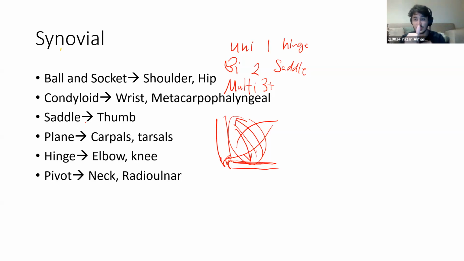So this is one axis and this is the other axis. Now multiaxial means you can move it in every single direction you can think of, and that's obviously in ball and socket. Okay, does that make sense? Is it clear in your head now, how it works?